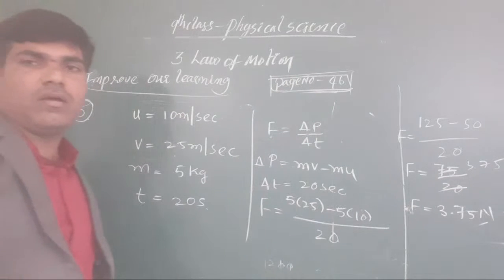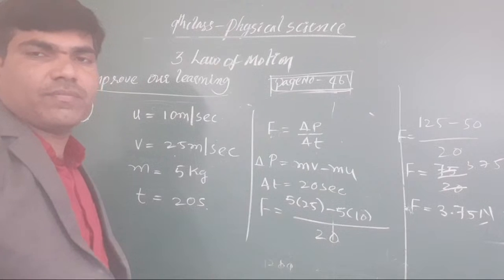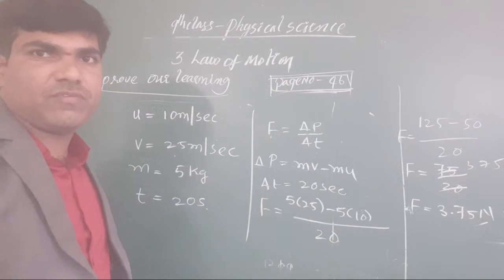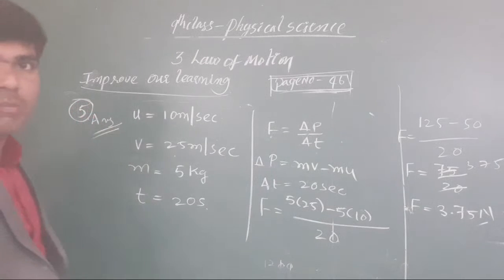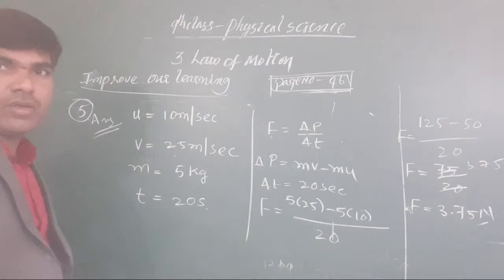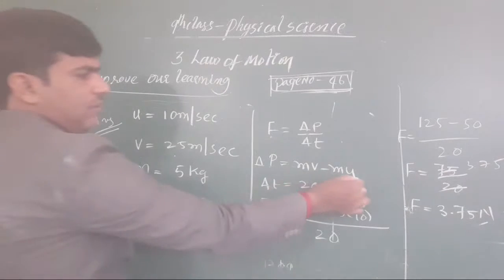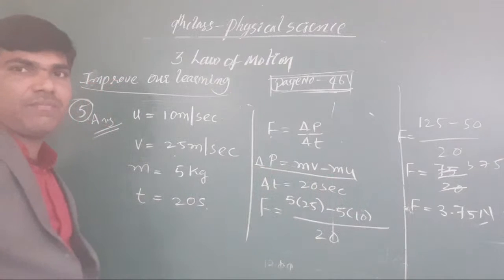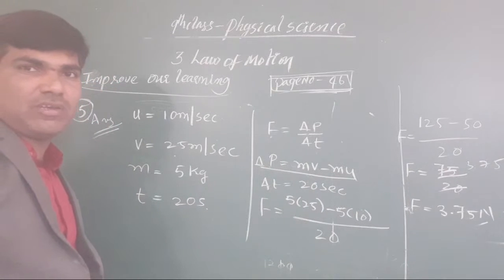Got it or not? This is the answer to our fifth question. Got it or not, all the students? Fifth question answer. Very important, students: indirectly, this is based on our Newton's second law. The question is framed on it.